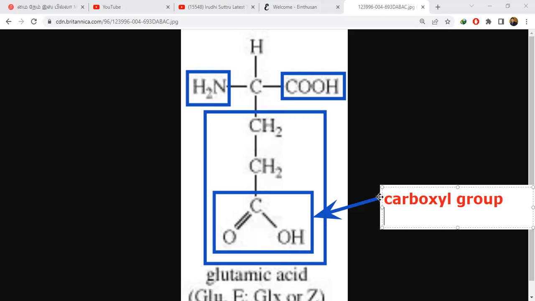The side chain can contain a carboxyl group. Don't try to memorize them.